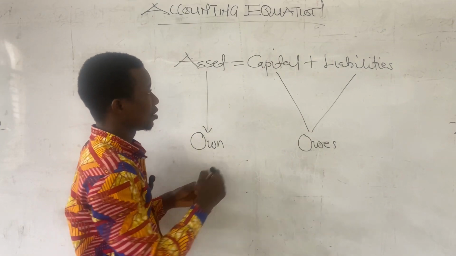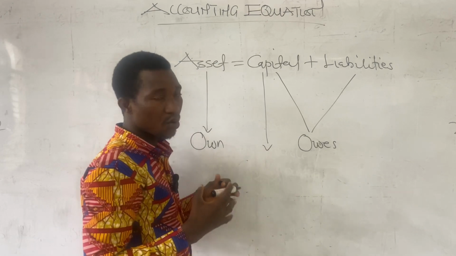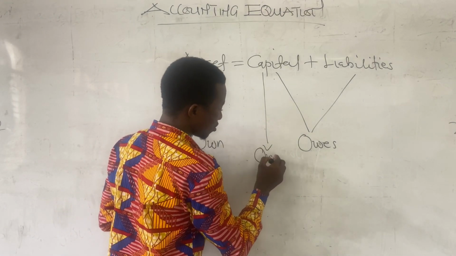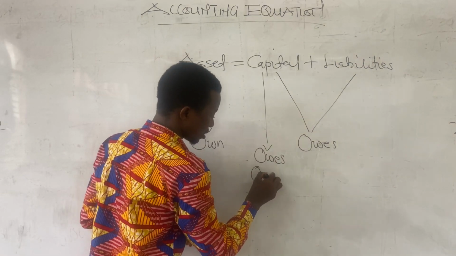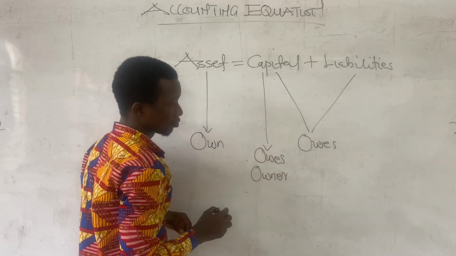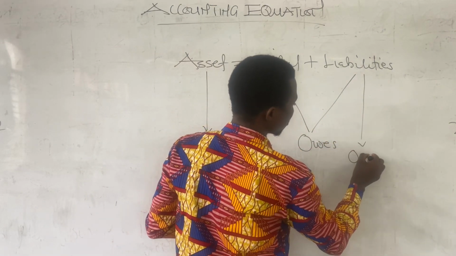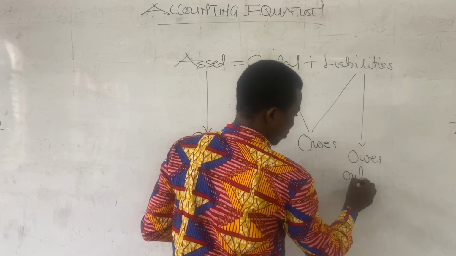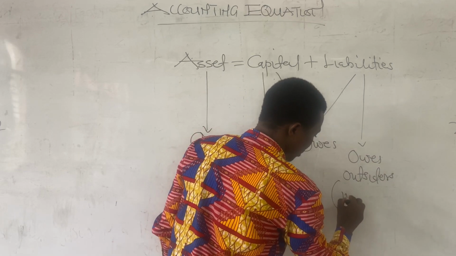Is that okay? This capital is what the business owes the owners or the owner of the business. And the liability has to do with what the business owes to outsiders or third parties.